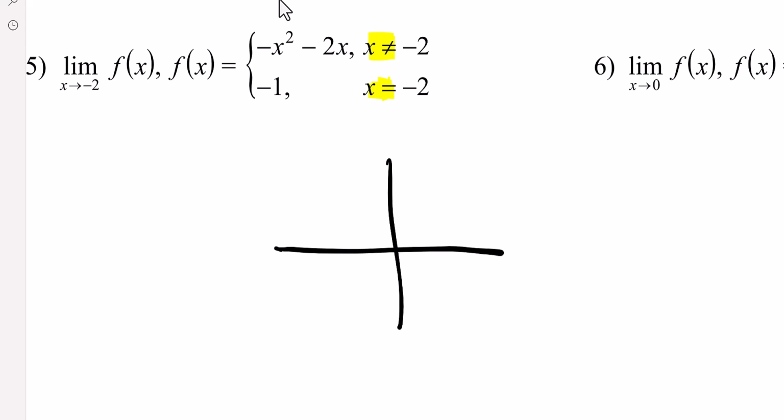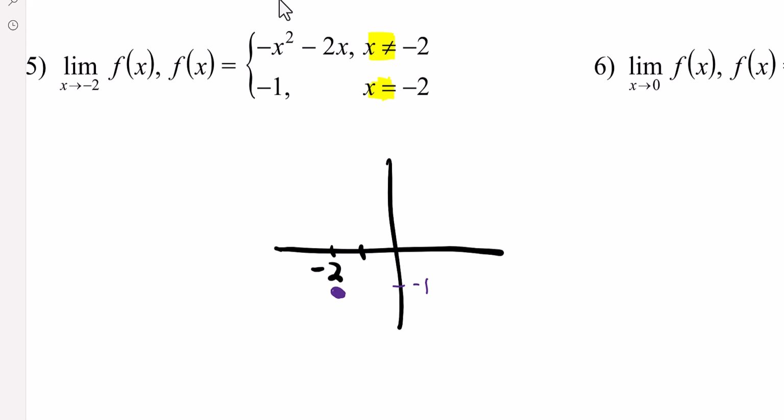So this says at -2. Well, at -2, not as it is approaching, but at -2. So this one, instead of getting a solid line, because now remember, we're talking about limits. We're talking about height. At -2, we're at a height of -1.